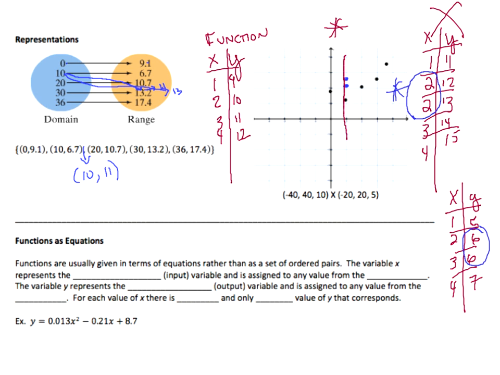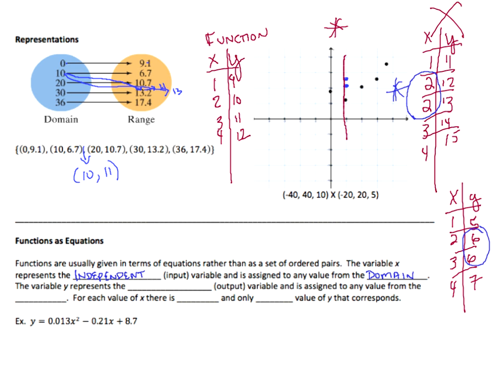The variable x represents, we call this the independent variable, and is assigned to any value from the domain. I'll talk about that in just a second. I will finish off filling in these blanks.